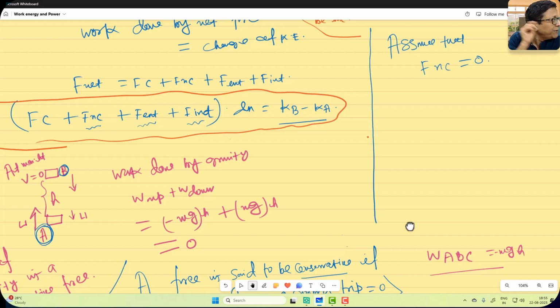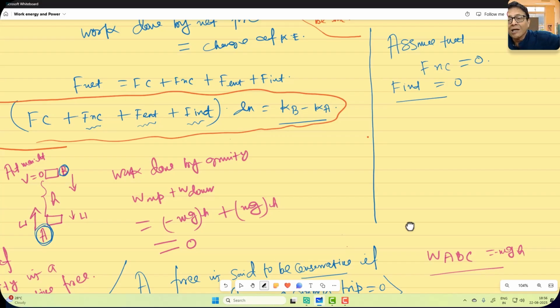Forces are conservative ones. F internal in general gets cancelled, always F internal is 0. Why? Many particles are there. Force experienced by A due to B equals force experienced by B due to A. So that is 0. Then what do you get in the equation?